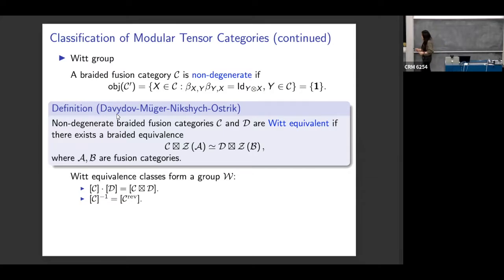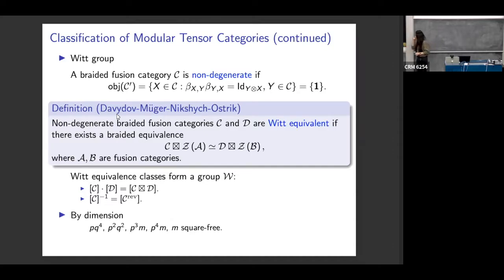And there are studies about the structure of the Witt group, and the pointed modular tensor categories actually form a subgroup of the Witt group. In this talk, we won't focus on this direction, so I just mention it as one of the general directions towards the classification.